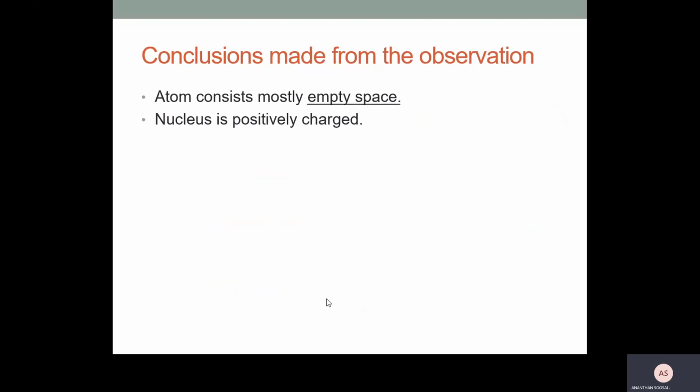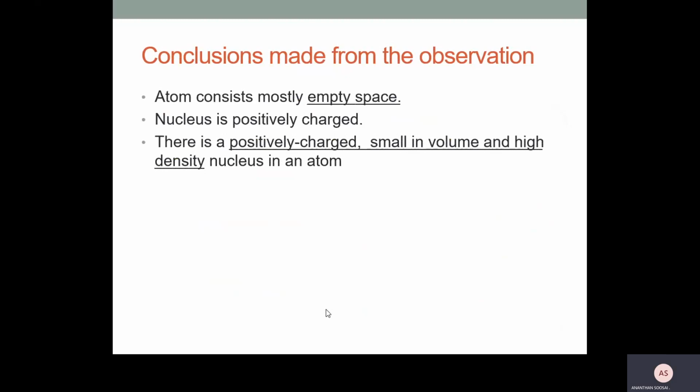He is the one that bounces back. So the nucleus is said to be positively charged because of deflection more than 90 degrees, and a small volume of high density nucleus is in the atom. There is a small region in the atom which is positively charged, and all the mass of the atom seems to be focused there, called the nucleus.